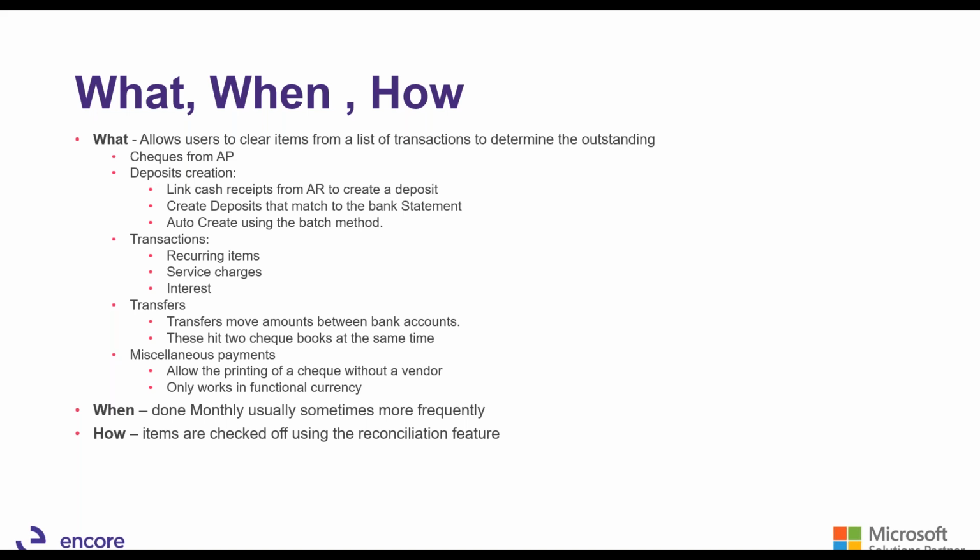And interest, either expense or revenue, depending on whether you carry a positive or negative balance on the bank. Transfers, we can move money between them. We hit two checkbooks at the same time. It does automatically look after the multi-currency in those particular transactions. Miscellaneous payments allows the printing, as I said, of a check without a vendor, and it only works in functional currency.